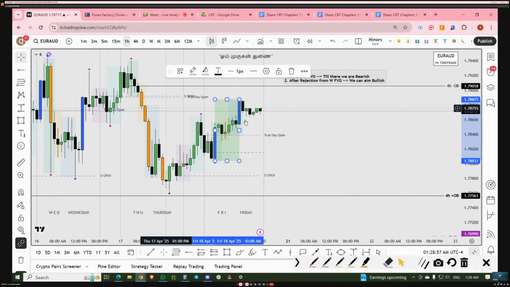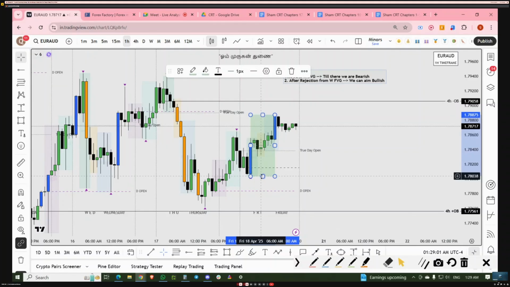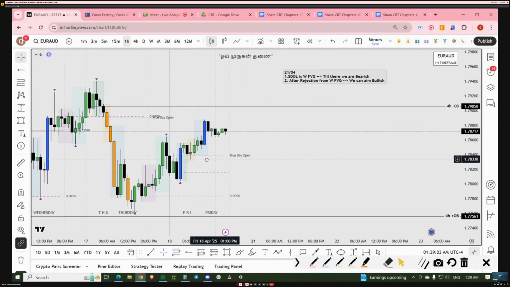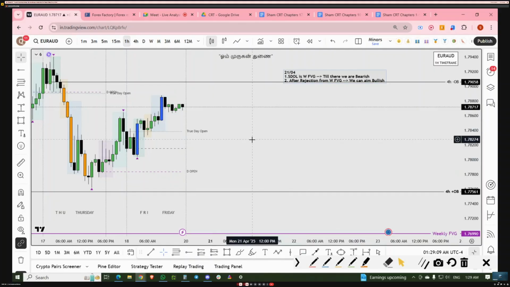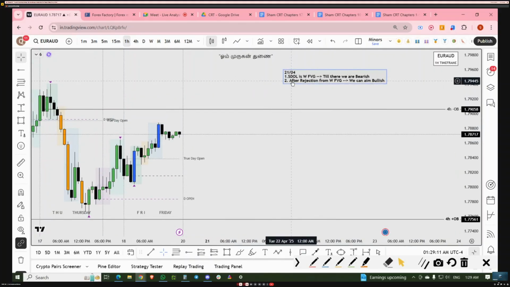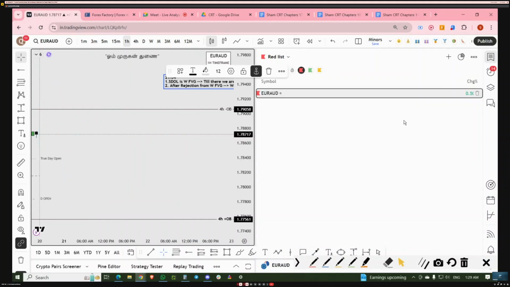I will teach what this order flow leg is later. So it's completely bullish, so I need to wait until it gives some confirmation here to take some entry. That's the A plus setup. So that's all, sir. This is the analysis we need to do, and similarly we need to do it for all the blue pairs.